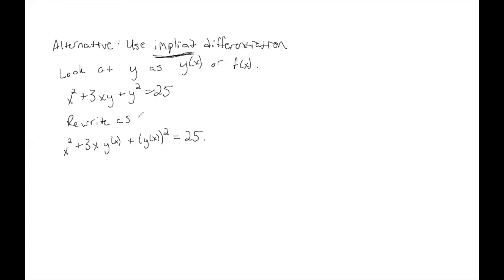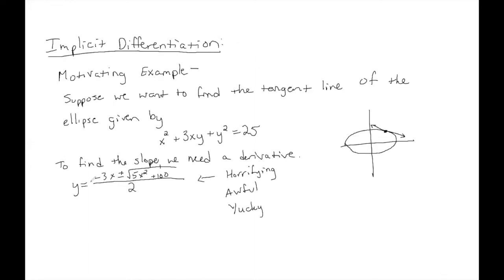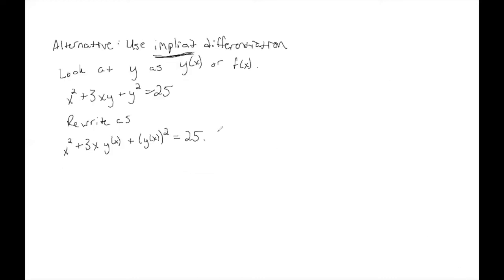I can write this because, as we've just seen in the previous slide, y is really a function of x. Y equals that big jumbled mess only involving x. So y is a function of x. Give me an input of x, and I get an output of y. X is the independent variable, y is the dependent variable. So I can reckon this y as a function of x, and that's exactly what I'm doing.